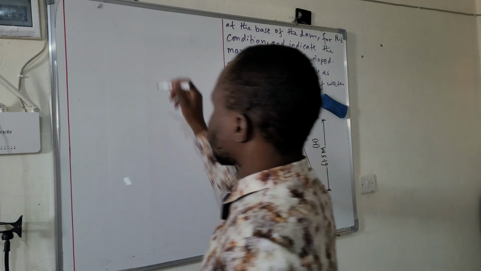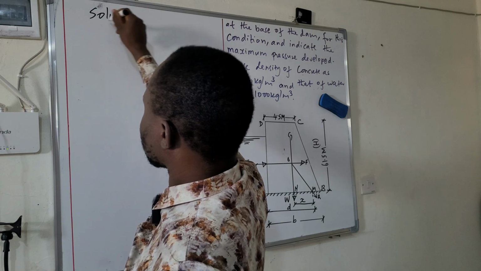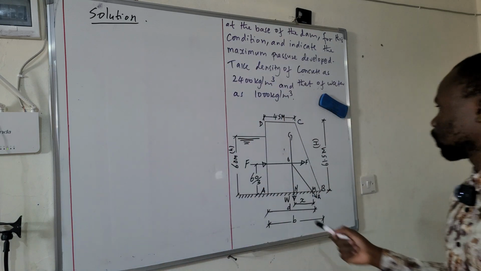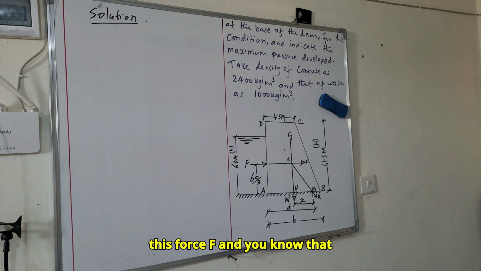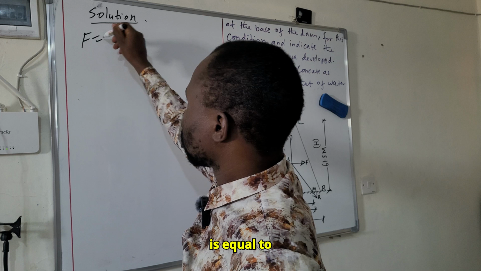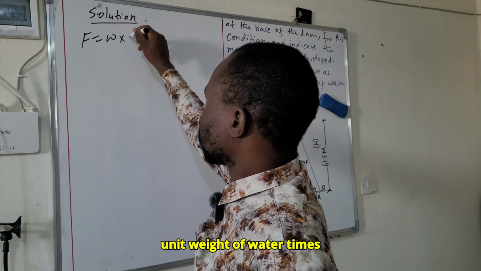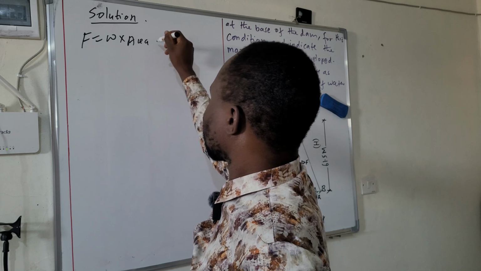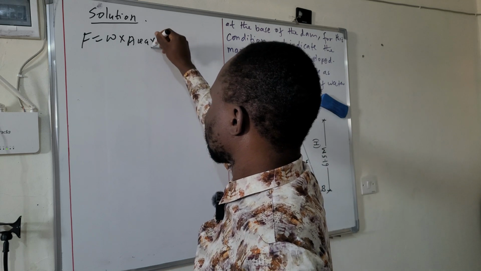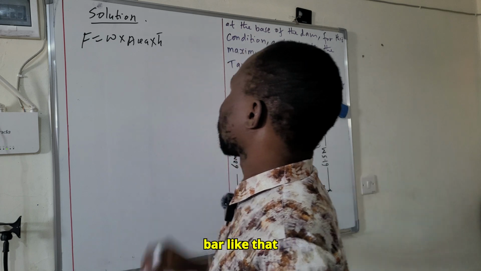Solution. The first thing to do is to calculate this force F. And you know that F is equal to unit weight of water times area of the dam times H bar.